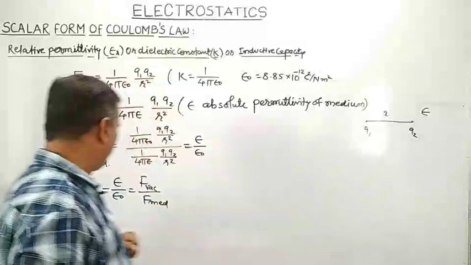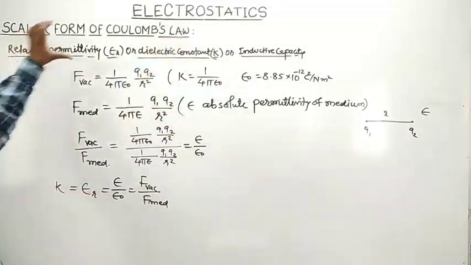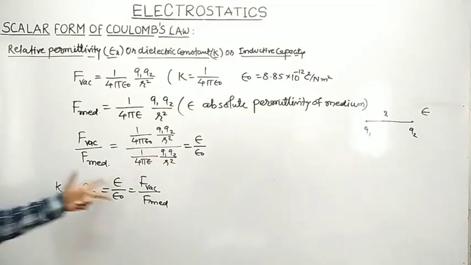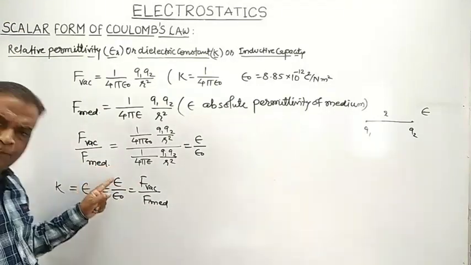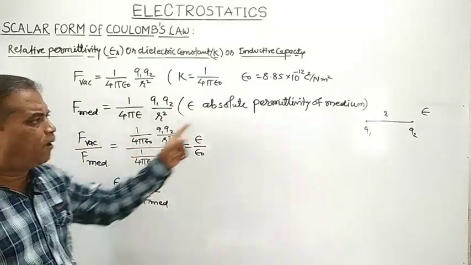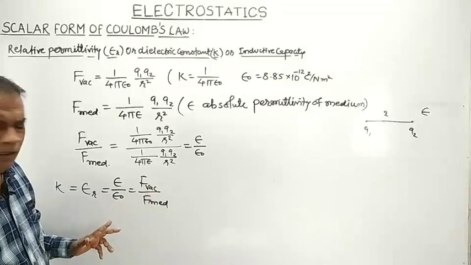See what I am saying? The dielectric constant or relative permittivity of the medium is defined as the ratio of the absolute permittivity of the medium to the permittivity of free space, simple.